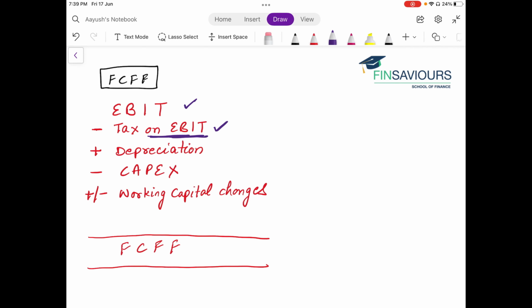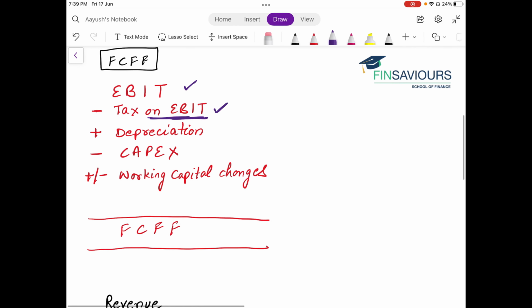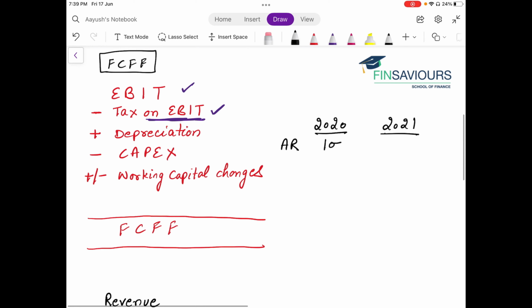My question to you is, working capital changes. Let me give you a question over here. Suppose 2020 and 2021, accounts receivable for 2020, suppose it is 100, and for 2021, suppose it is 120.